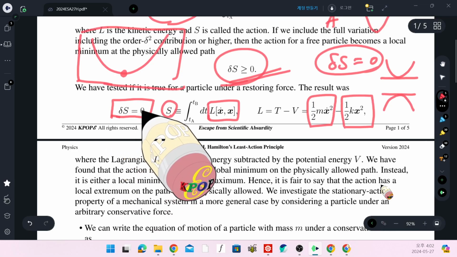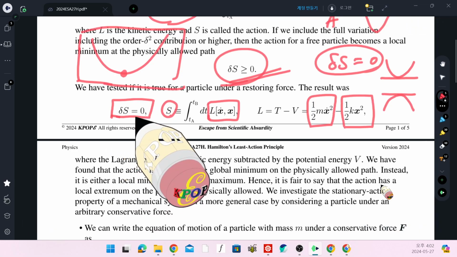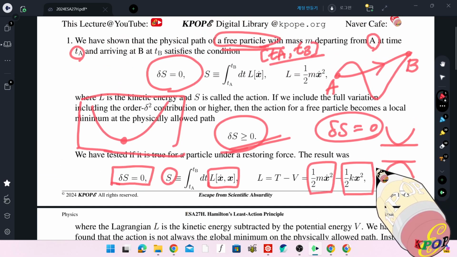However, from order delta squared, the sign was not determined. It depends on the variation. Sometimes it was positive, that means a minimum. Sometimes it was negative. That shows that it is a maximum.